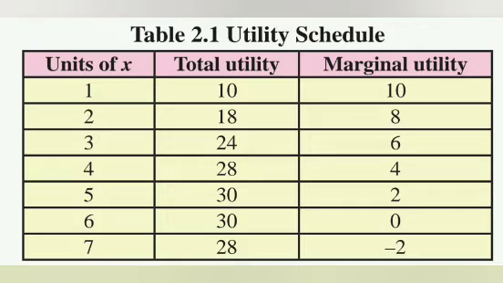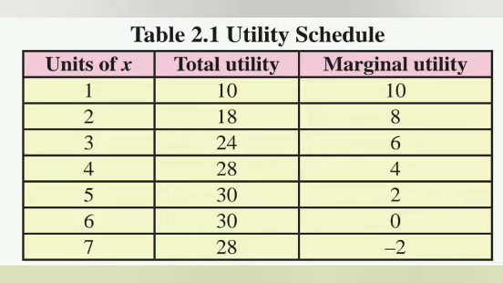See, utility schedule. This utility schedule table has three columns. First column is units of a commodity X, second column is total utility, third column is marginal utility.